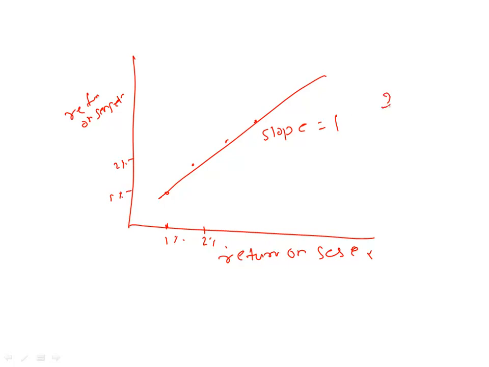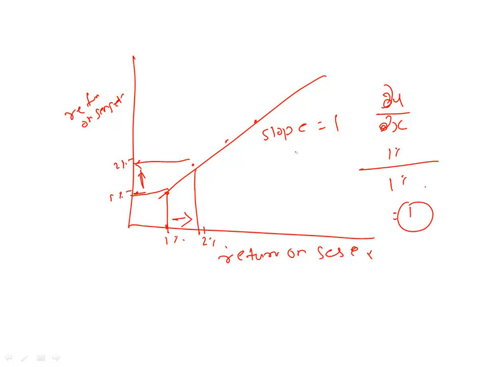If I have to calculate dy by dx, it simply means that when my x increased by 1%, that I put in the denominator. What was the increase in y? The increase in y is also 1%, so the slope of this line is 1. Therefore beta of market is always 1.